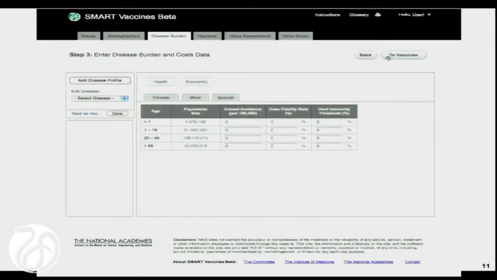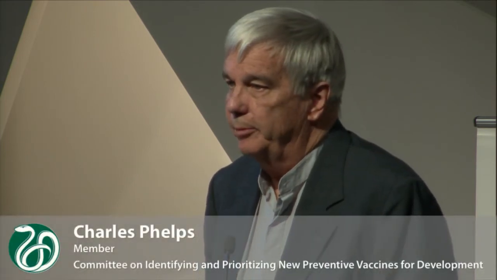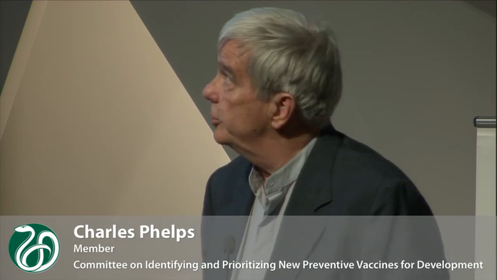This is a necessary component to make the model work, as any population that needs to be considered has to have these kinds of data brought in. We've tried to make this so we can use externally available data sources as much as possible. It looks like the most daunting step because of the complexity of the data, but we in fact think it may be one of the easier ones because of the ability to import external databases.